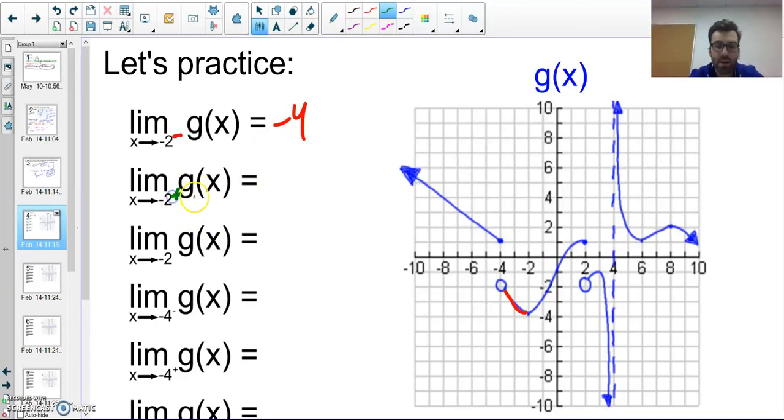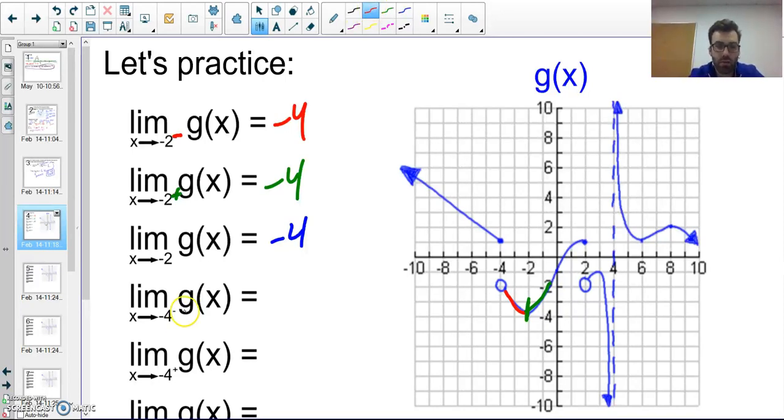With the little plus sign, as x approaches negative 2 from the right, it's also negative 4. Well, if these two match, then I win, then my overall limit is negative 4. Okay? Watch that again if that confused you.